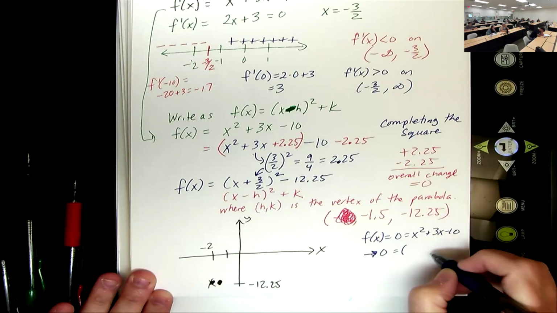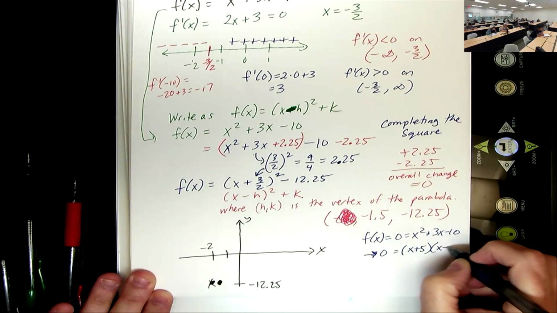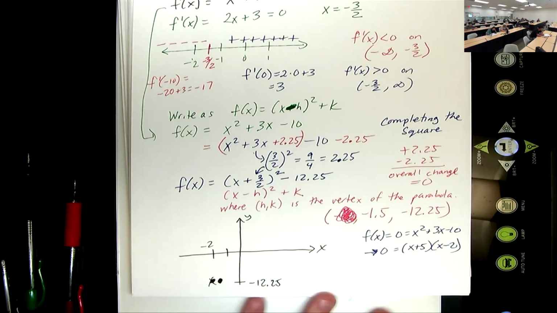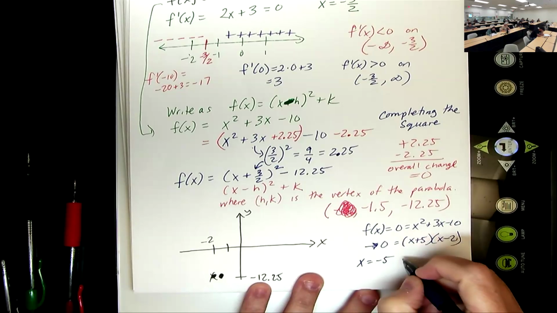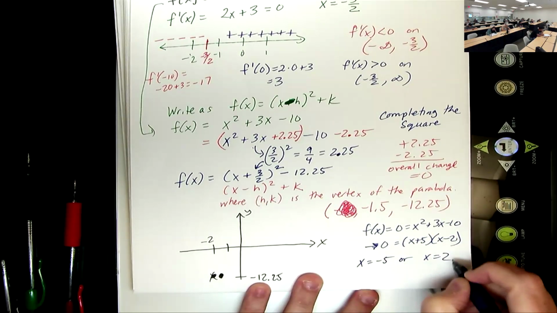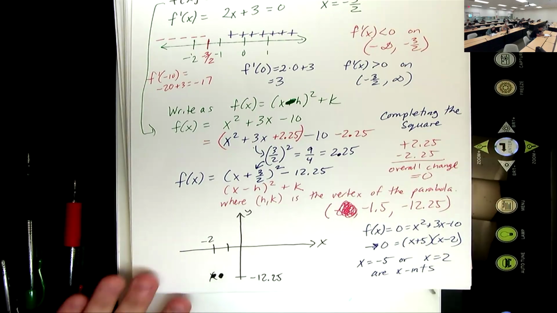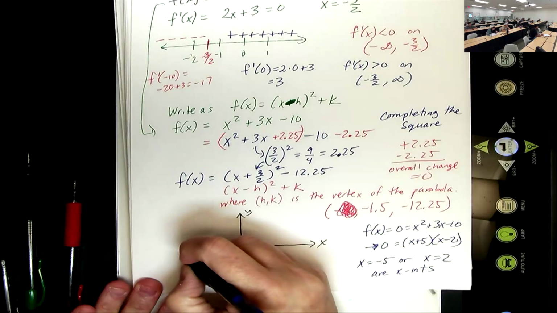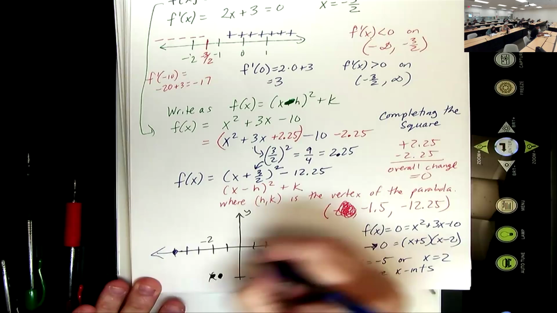That is x plus 5 and x minus 2. So we can see x equals -5 or x equals 2 are x-intercepts. So -5 is over here, and +2 is there.